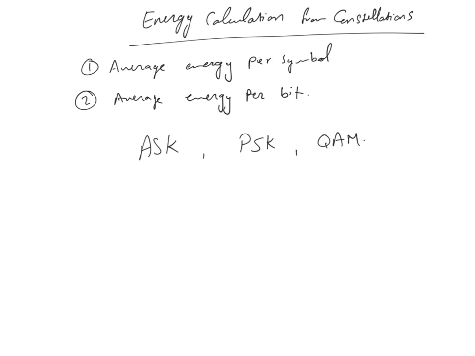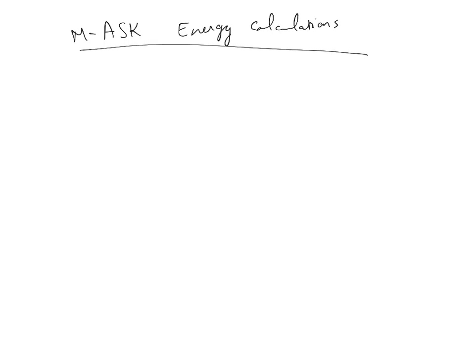So let's start with the case of ASK, M-ary in general, energy calculations. Okay, the approach is in general that we will put the constellation. So this is the ASK constellation, right?